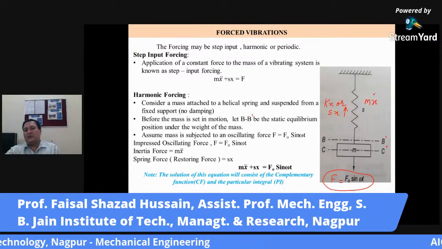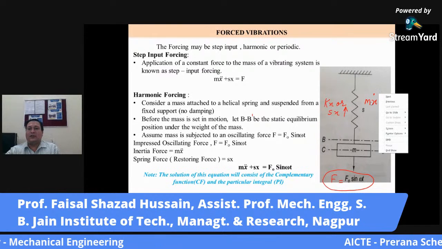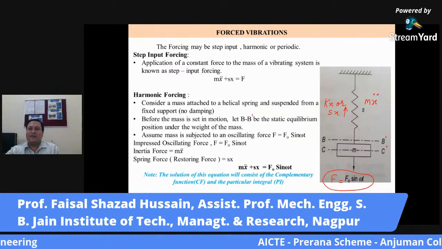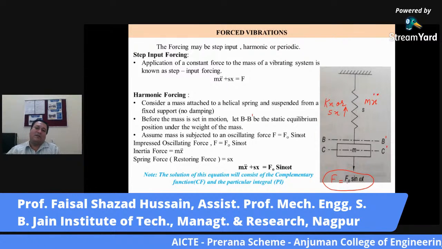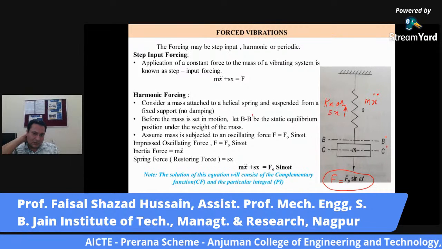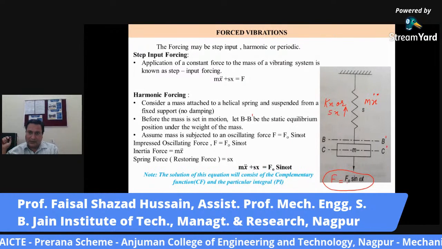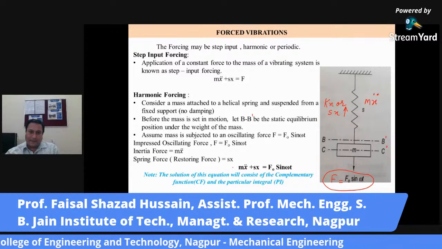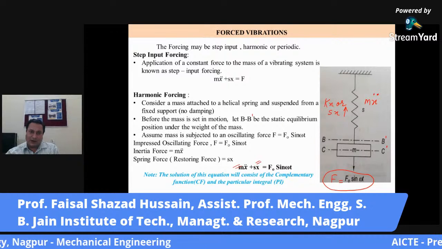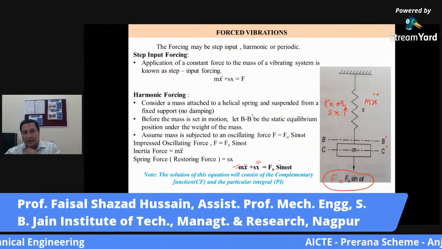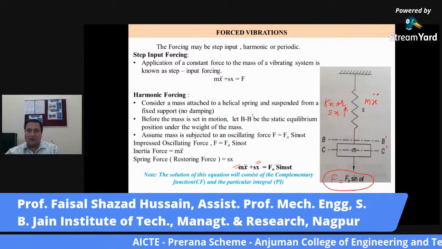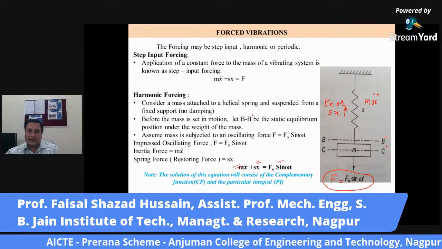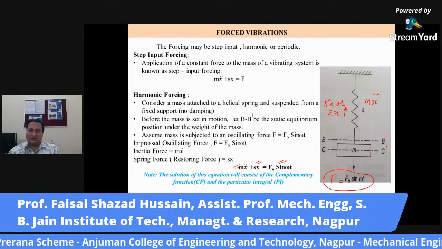Inertia force will be opposed to the oscillating force, and it will be upward, and downward will be your oscillating force. So what will be the equation? Equation will be inertia force plus spring or restoring force, equal to upward force equal to downward force, equal to your impressed oscillating force.